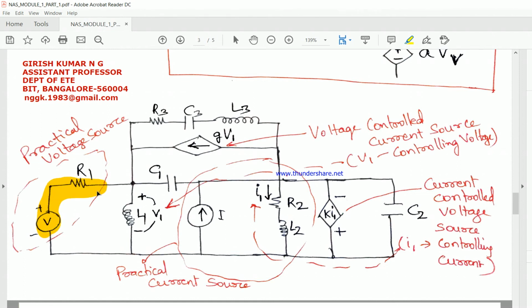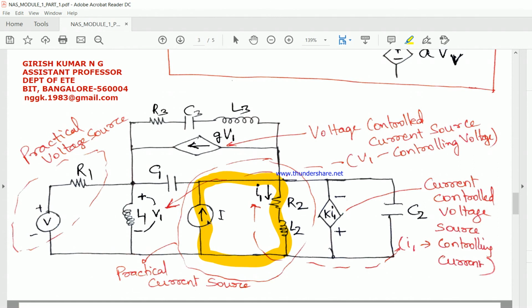I hope you understood. Now coming to the practical current source, it is the combination of this I in parallel with this particular network. Why practical current source?